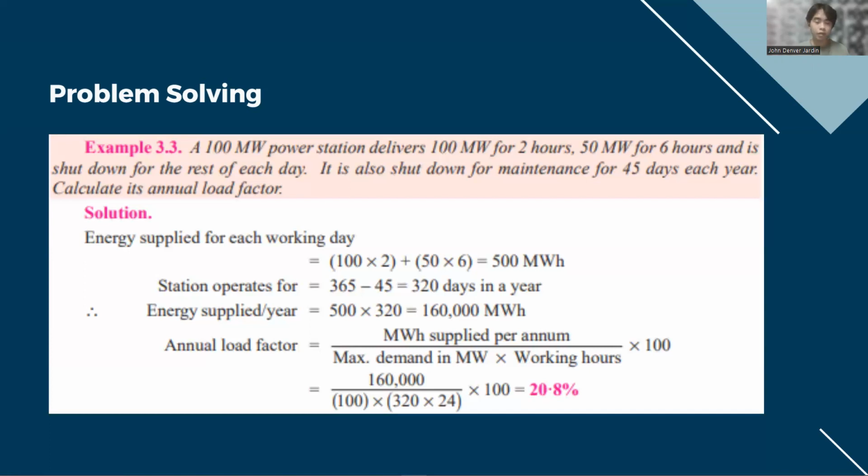And to calculate the annual load factor, it equals megawatt hours supplied per annum over maximum demand in megawatts times working hours, times 100, since we are looking for the annual load factor. Substituting the values, 160,000 over 100 times 320 times 24, times 100, equals 20.8%.